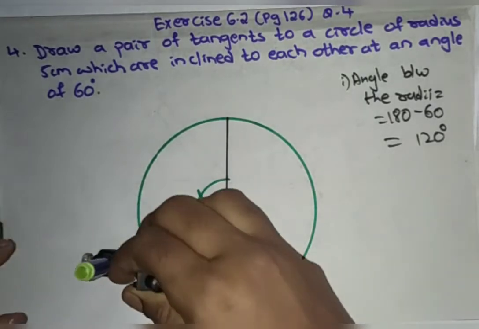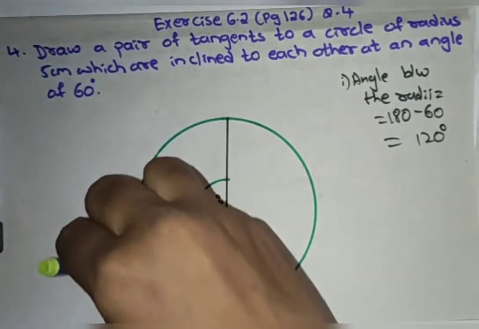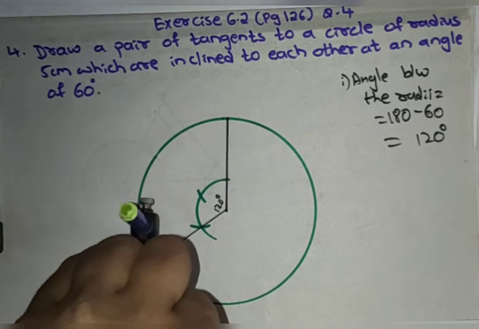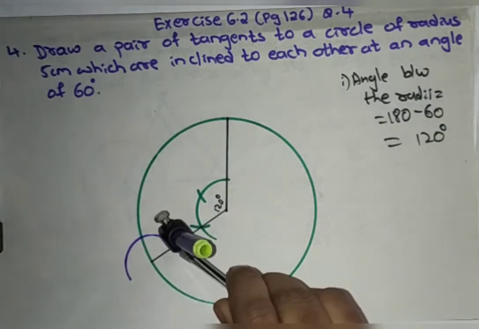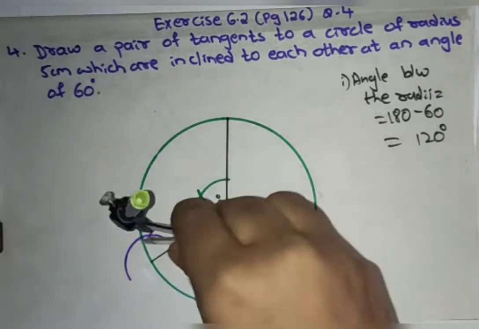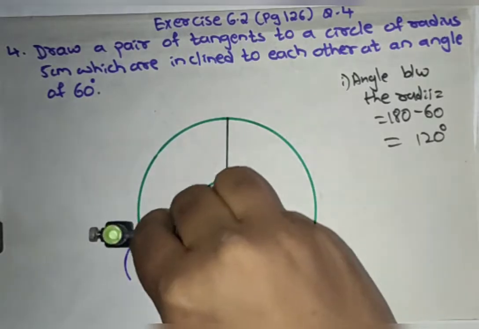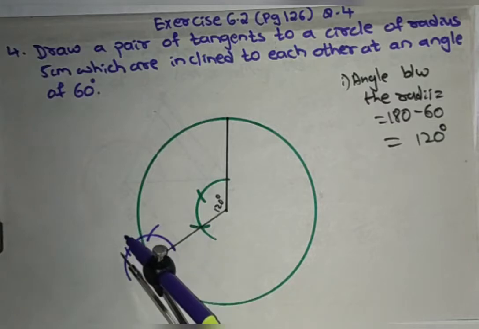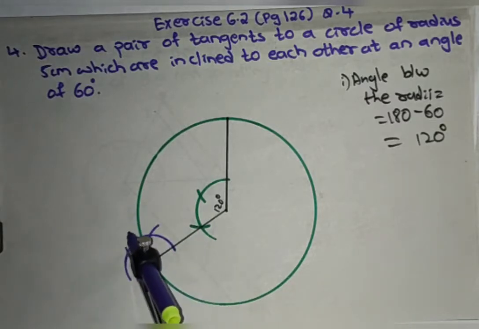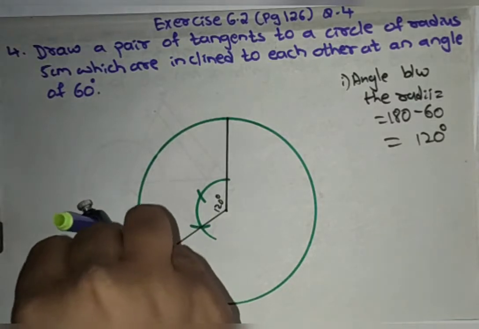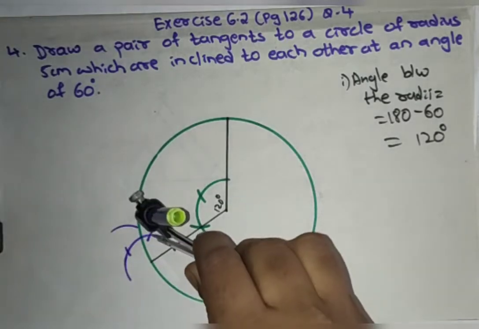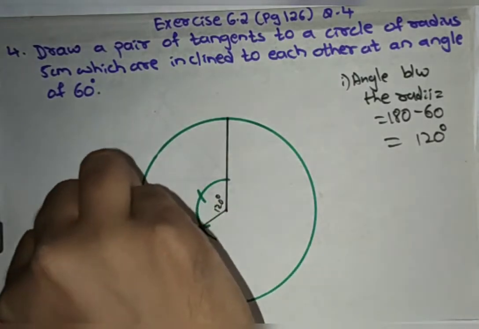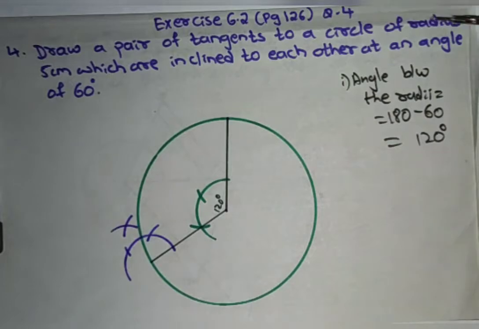Again take any measurement semicircle. Take 2 equal arcs. When we bisect this 60 and 120, you get 90 degrees. Same for here.